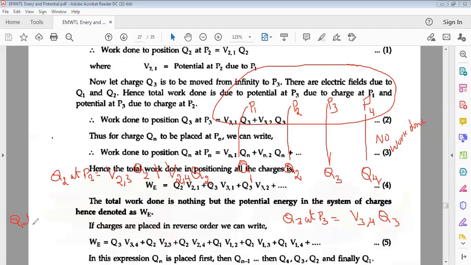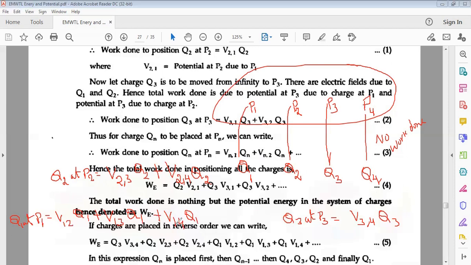The work done in placing Q1 at the position P1 is equal to V12 due to Q2, where a force is exerted, potential is developed, and work is done, plus V13 due to Q3, and V14 due to Q4 when the charge is placed at the position P1.